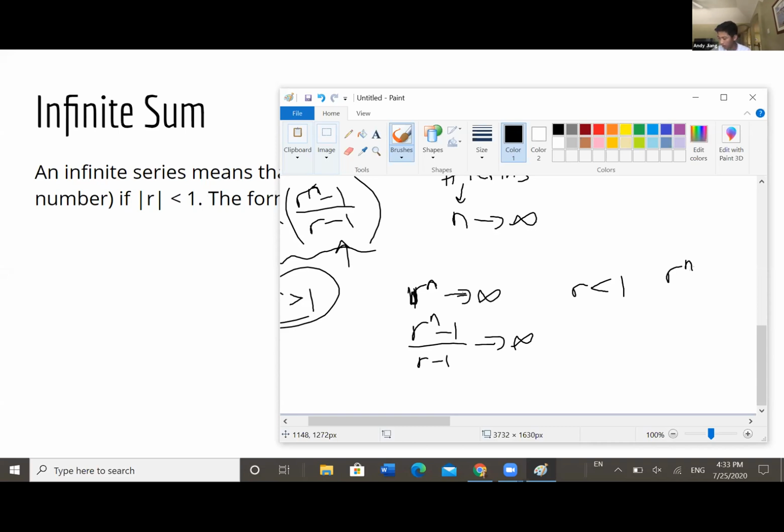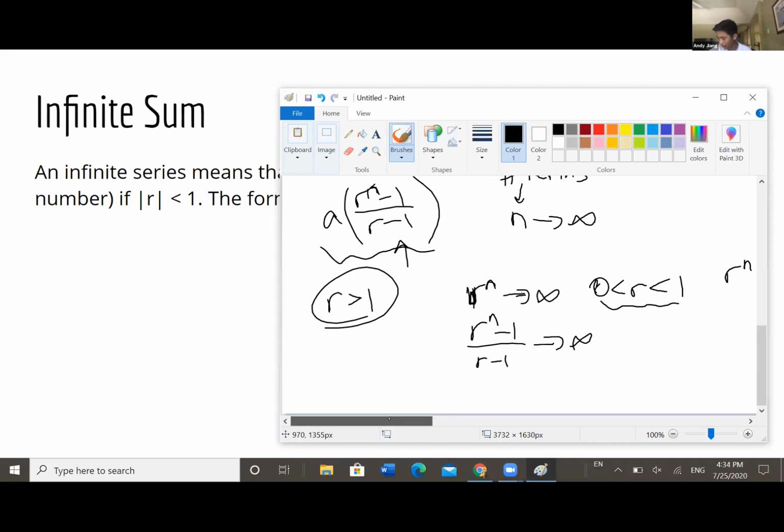I'll say between 0 and 1. Yeah, it approaches 0. So r to the n approaches 0 because r is between 0 and 1. If I take that to the power of infinity, then I get 0.